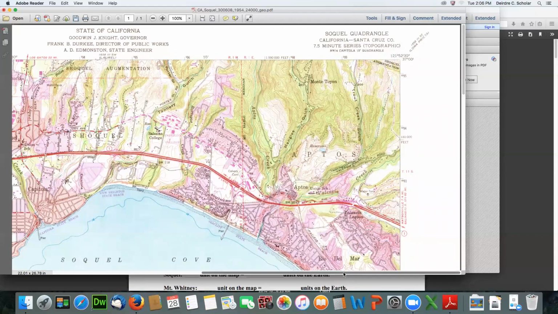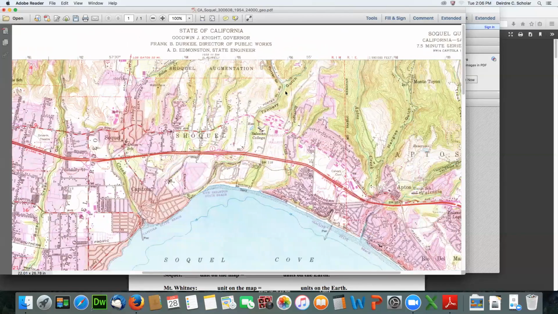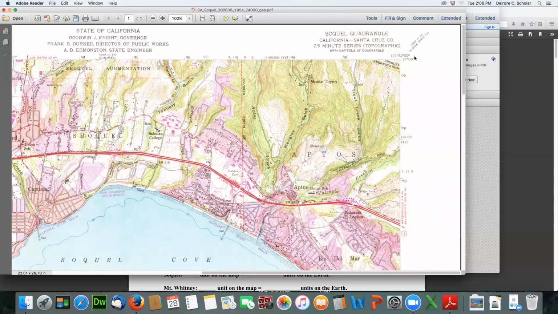When we look at the northwest corner of the map, the value of longitude is increasing to 122 degrees. So longitude is increasing in this direction to our left, or decreasing in this direction to our right, which tells us if we keep going in this direction, we'll eventually hit the 0 degree longitude line, which is in Greenwich, England, which is to our east.